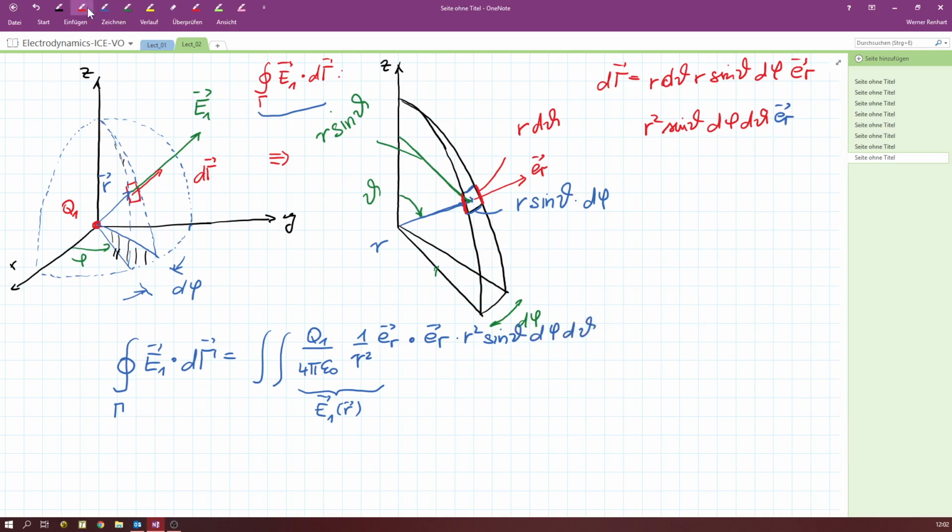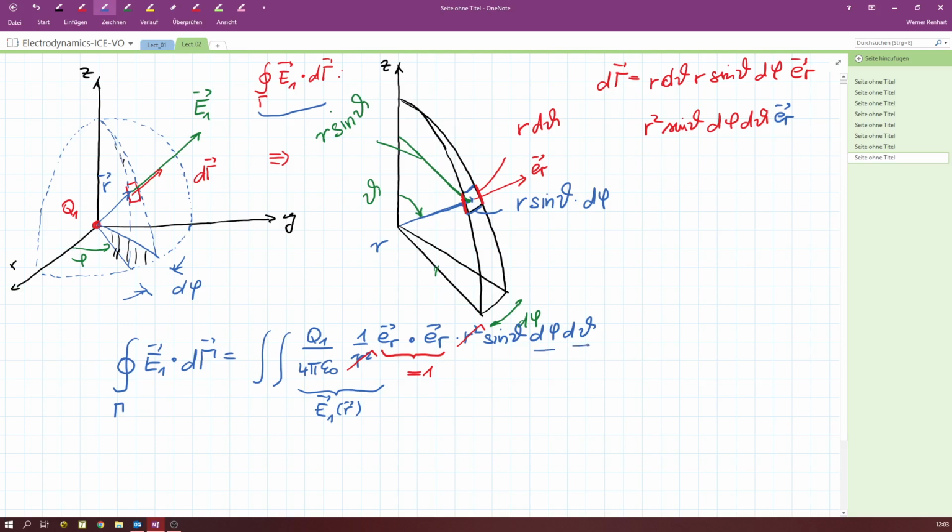Now we can take advantage of our knowledge of vectors. We know this is identical to 1. The unit vector dotted with the same vector leads to the length of the unit vector, 1. So we can also cancel out r squared, and we have to integrate over delta phi and over delta theta.